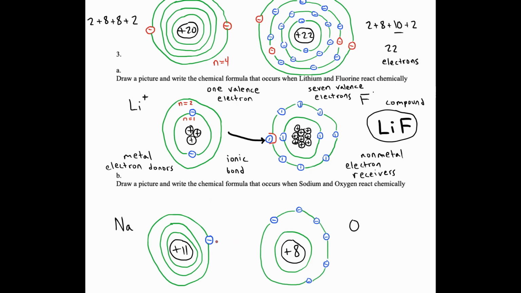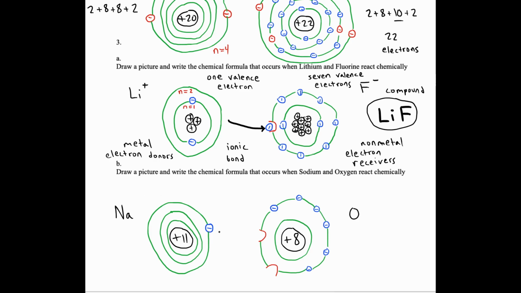So sodium wants to give up an electron. But the thing about oxygen is, if it could have 2 electrons, then it could have a complete outer shell. It wants to have 8 in the outer shell, but right now it's only got 6. So even though one atom of sodium could help solve the problem for oxygen, one atom alone is not enough to complete the puzzle here.